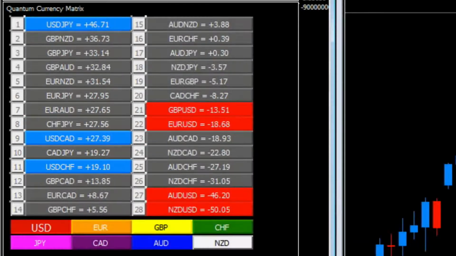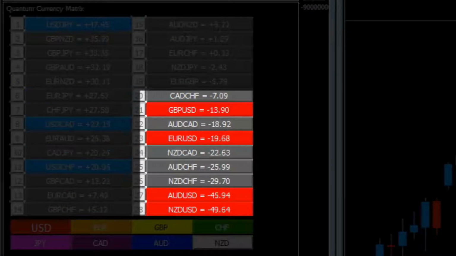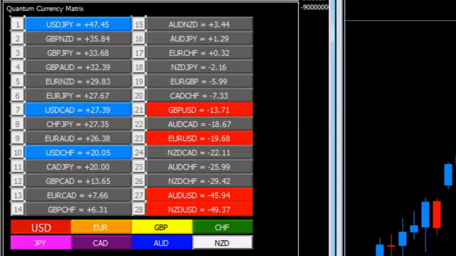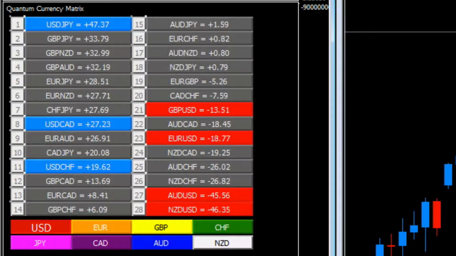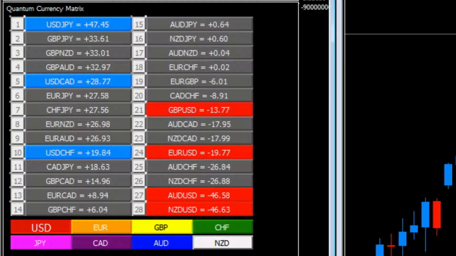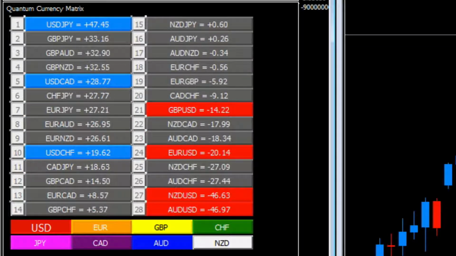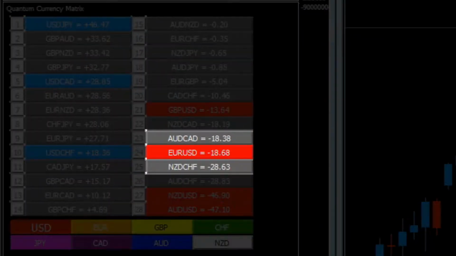And equally over on the other side, you can see that as the dollar yen is the most positive, the New Zealand dollar is the most heavily negative. But again, obviously reflecting a huge amount of dollar positive sentiment, with the New Zealand dollar and the Aussie dollar being heavily sold. The euro dollar perhaps less so. And this is another aspect of the ladder.